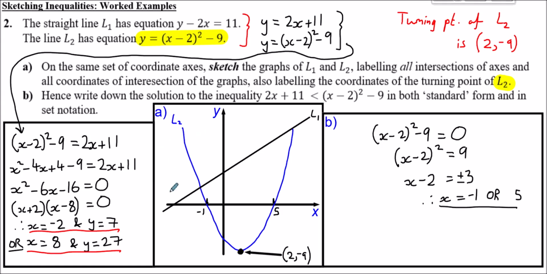So we can label in minus 5.5 where it intersects the x-axis. As well as that, we may as well also add in here the y-axis intercept of L1, which is obviously 11, because we can see this when it's in this y = mx + c form.